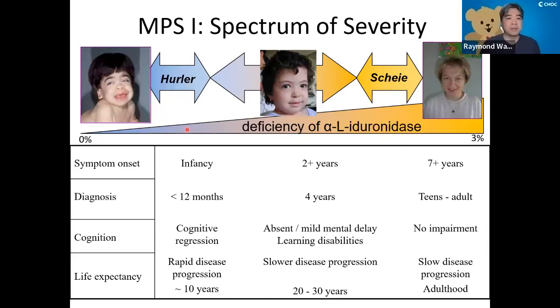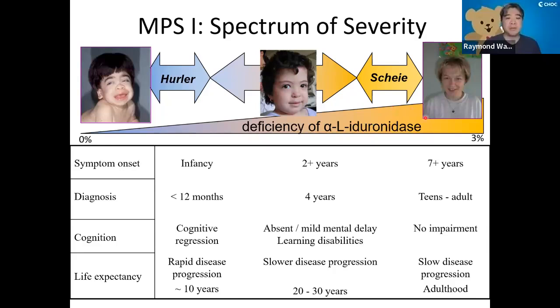The other thing that you're going to notice here is that generally the level of residual enzyme, which you can measure in white blood cells or in plasma, correlates with the severity of the disease, such that if you really have zero residual iduronidase, typically caused by nonsense mutations or frameshift mutations in the gene, then you're going to have no enzyme, which corresponds to severe Hurler.